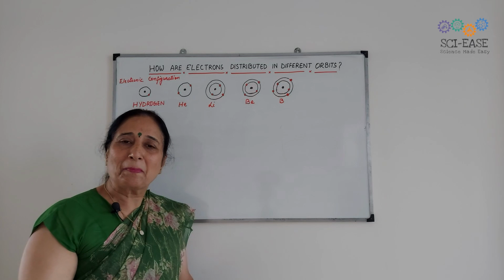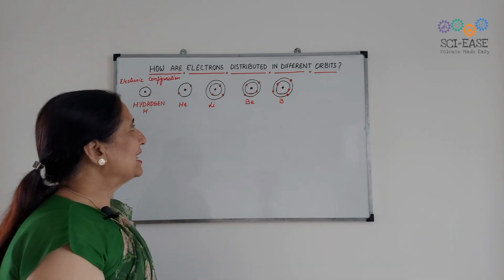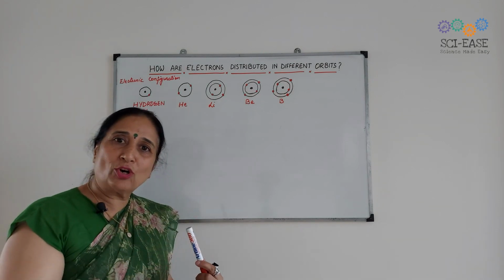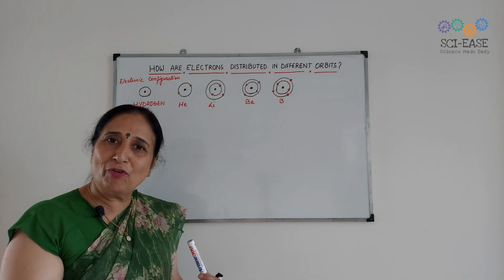Then comes carbon. Carbon has atomic number 6. This means the electronic configuration is 2, 4.